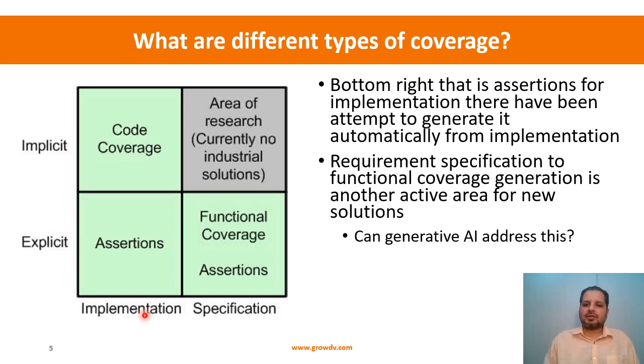So what we need to cover is the requirement specification, which says we need so much bandwidth, so many ports, so and so error handling capabilities, so much reliability. Those are my high level requirements, and how I translate that into design is the implementation. So I need to make sure I am verifying the requirements as well as the implementation.